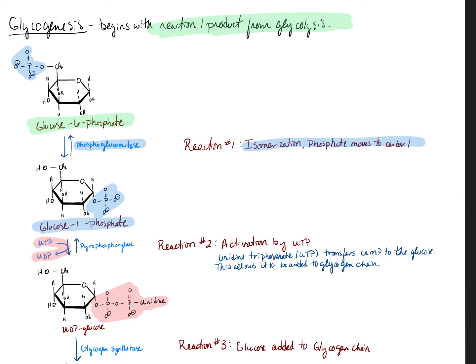The enzyme that's used is pyrophosphorylase. Basically what's happening here is that we have an activation by UTP, or uridine triphosphate, and it's going to transfer UMP to the glucose. So notice that we still have the UDP coming out here, right? This allows the glucose to be added to the glycogen chain.